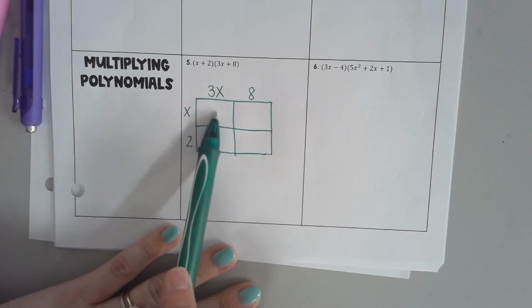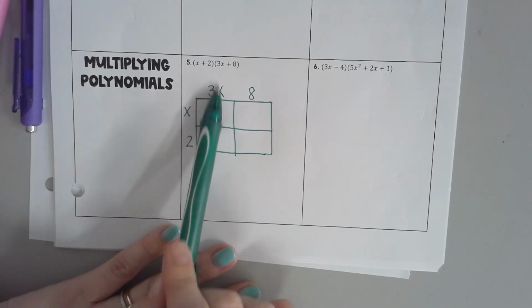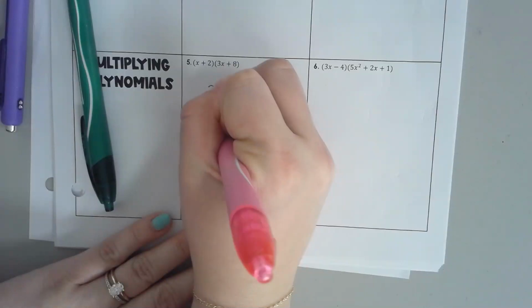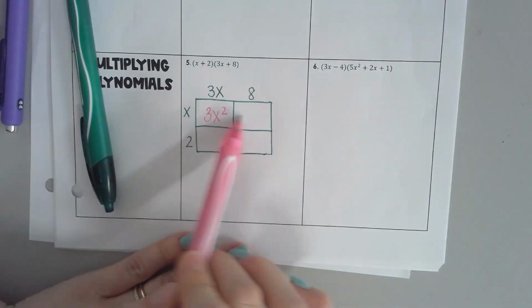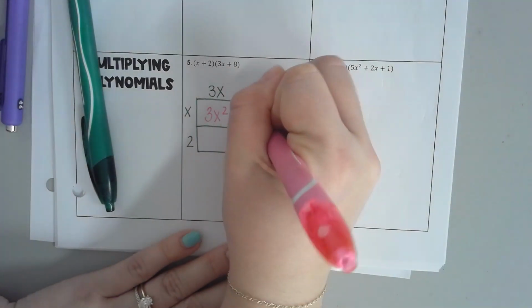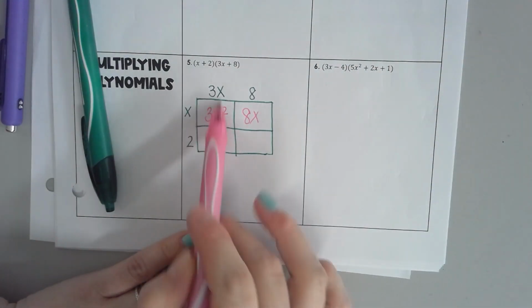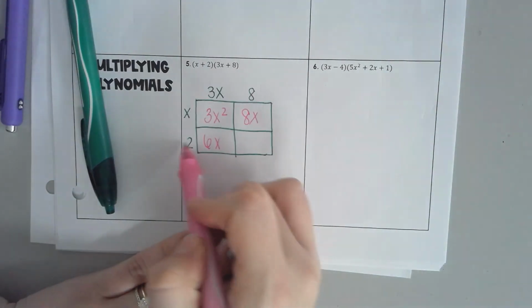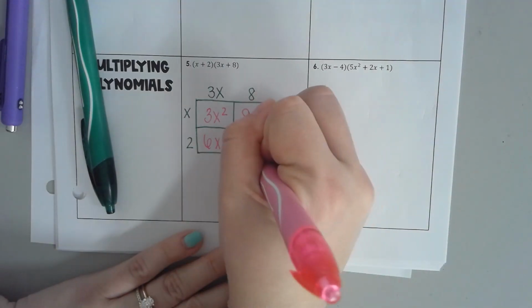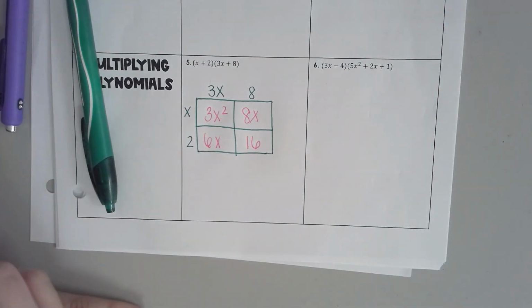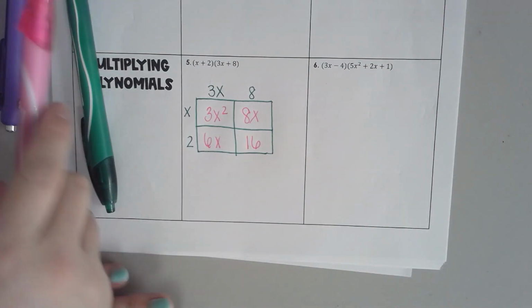And then inside, what we do is we multiply what's on the top and what's on the side. So what is 3x times x? 3x squared. What is 8 times x? 8x. 3x times 2? 8 times 2? 16. And so my final answer, I'm going to write these terms out, and you will need to combine like terms.